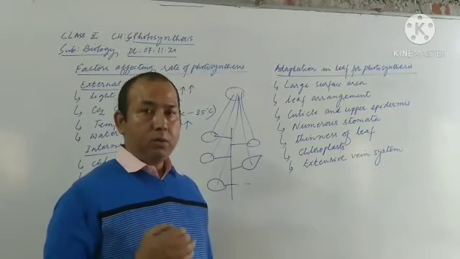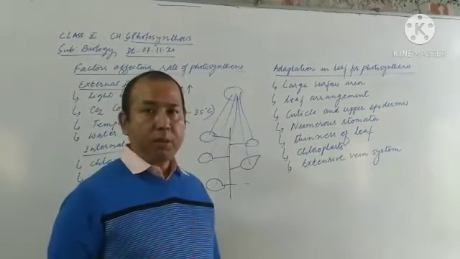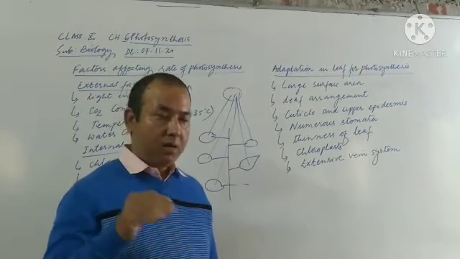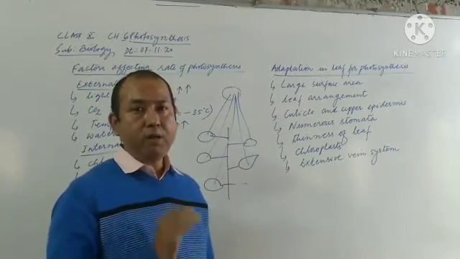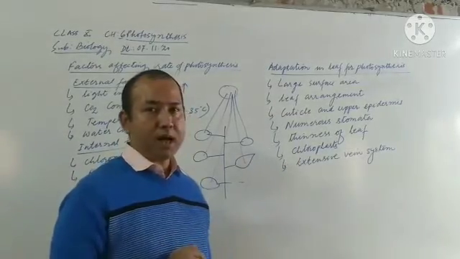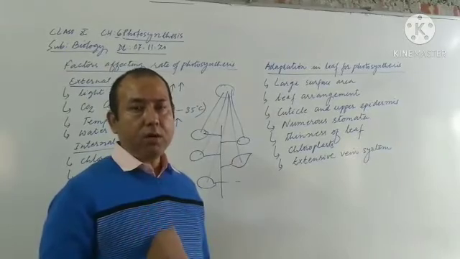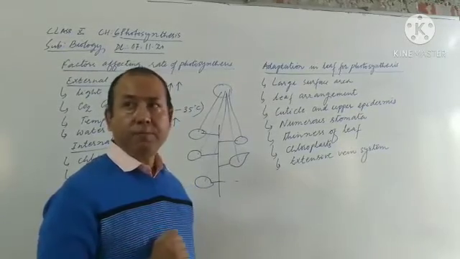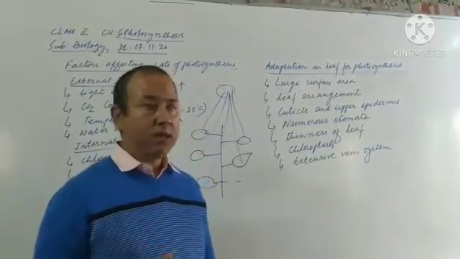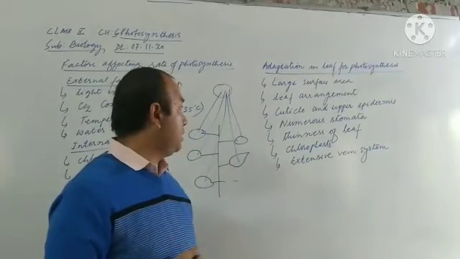If the cuticle and upper epidermis are thin, light can easily penetrate into the leaf, and this favors photosynthesis. The presence of numerous stomata in the leaves also favors photosynthesis, because stomata help in exchanging carbon dioxide and oxygen.